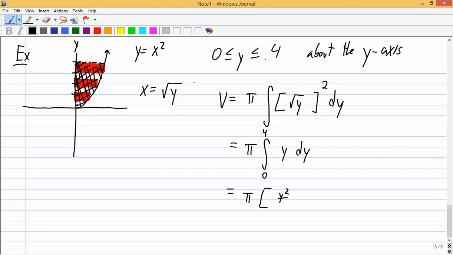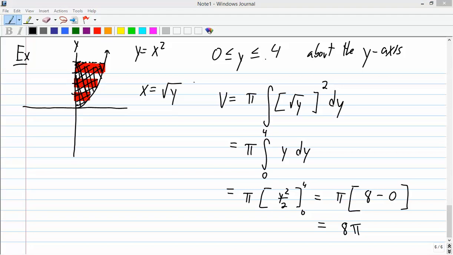Y squared over 2. I'm going to evaluate that from 0 to 4. So when you plug in a 4, 16 over 2, what is that? 8. And then plug in a 0, you get a 0. So 8 pi is the volume of the figure.